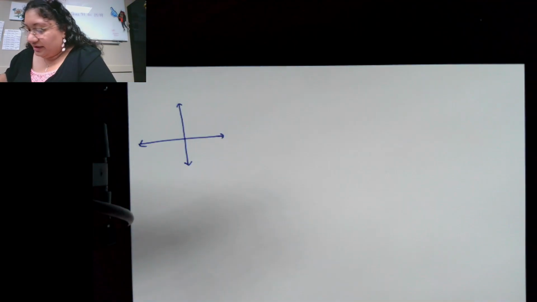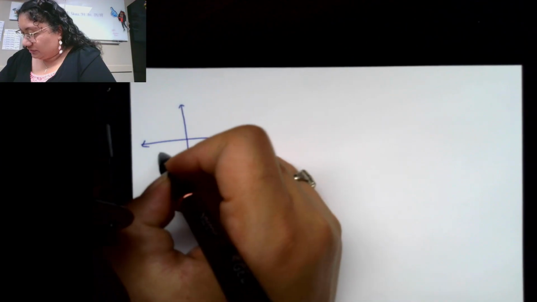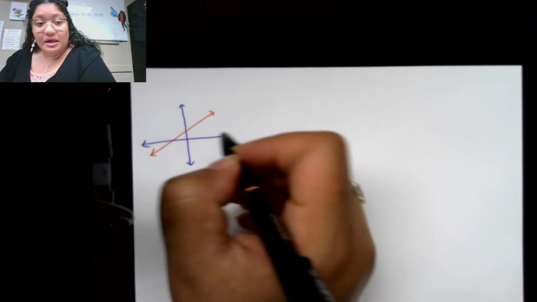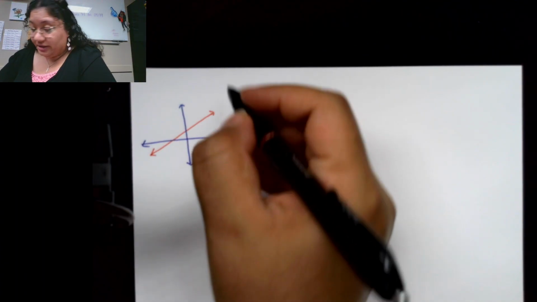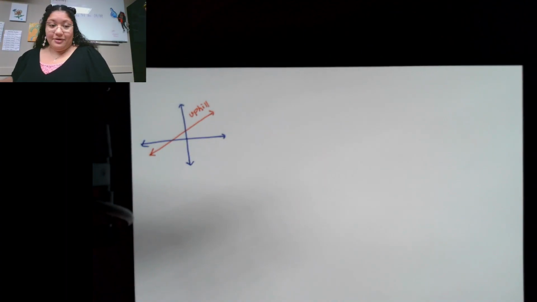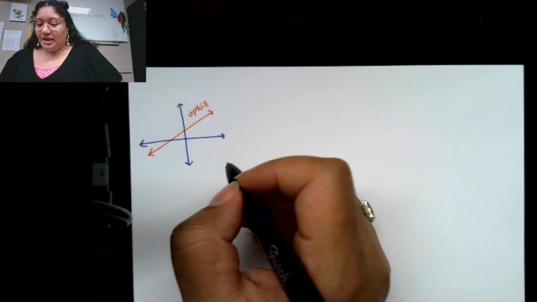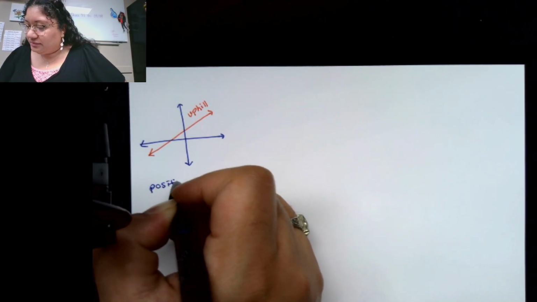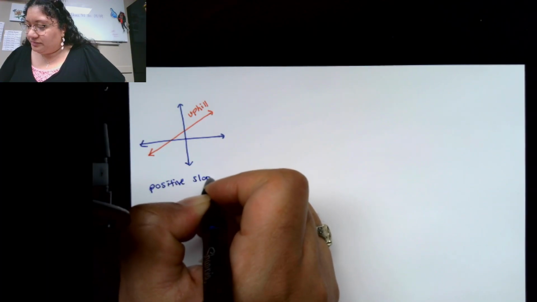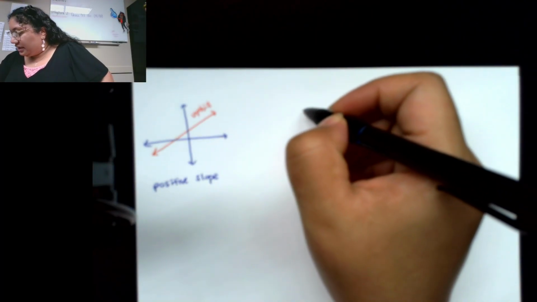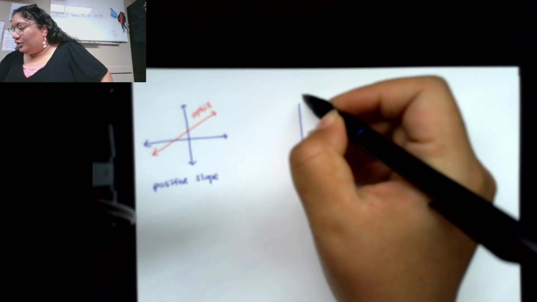Okay. If I have a line that is moving uphill, so we're going to call this our uphill line. So you're working out, you're going uphill, right? This will have a positive slope. Okay. Now let's say I go downhill.